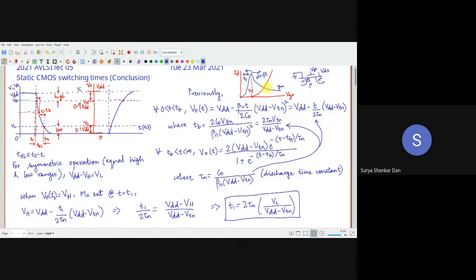In the subthreshold region, as I said, the current is an exponential variation, but it is much lesser. That is the reason why you don't see any current in the linear range. Whereas GM is also going to be exponential.